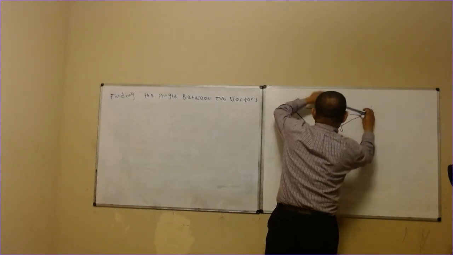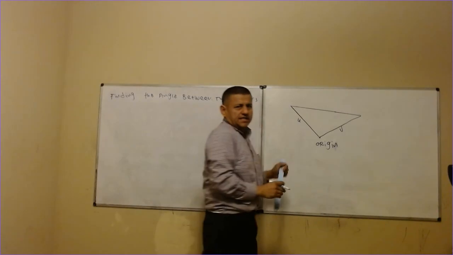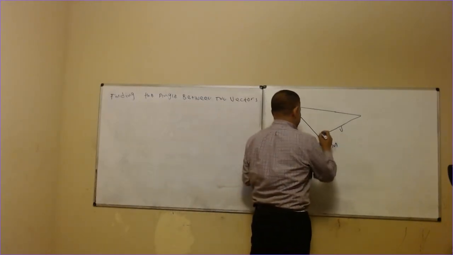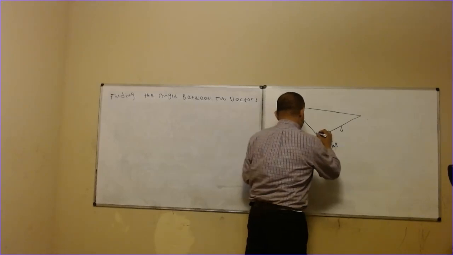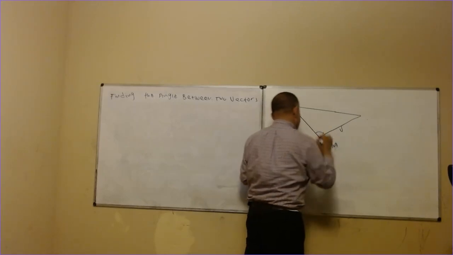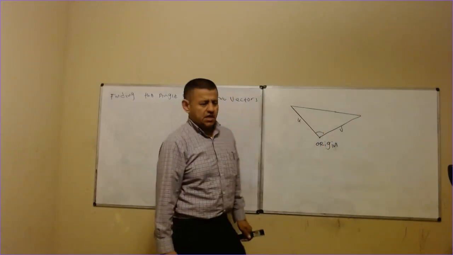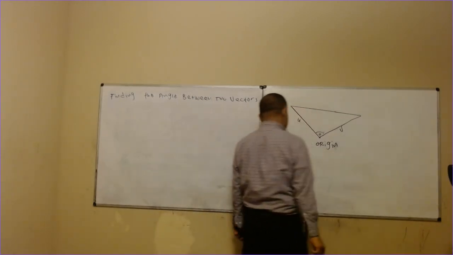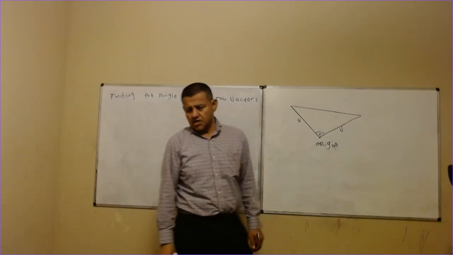Notice that I have vector u, vector v, and some type of angle here, and we call this angle theta.